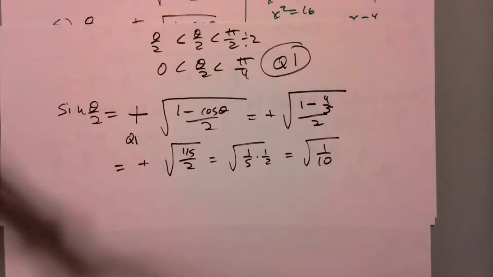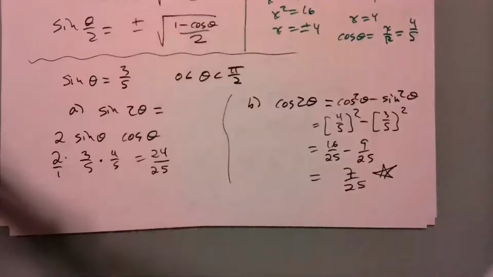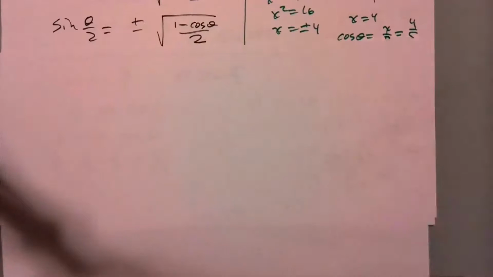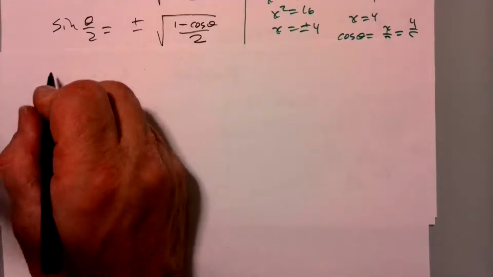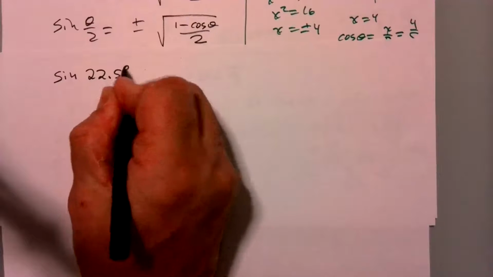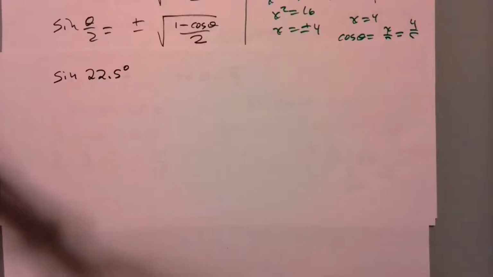All right. Let us move on to actually use a half angle. So the next example I'm going to give you, working off the half angle identities, is what is the sine of 22.5 degrees? Again, let me give you a minute to think about it.